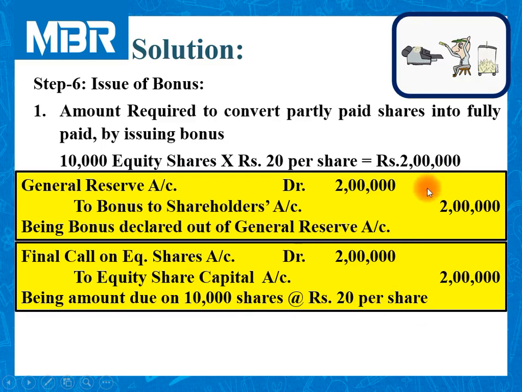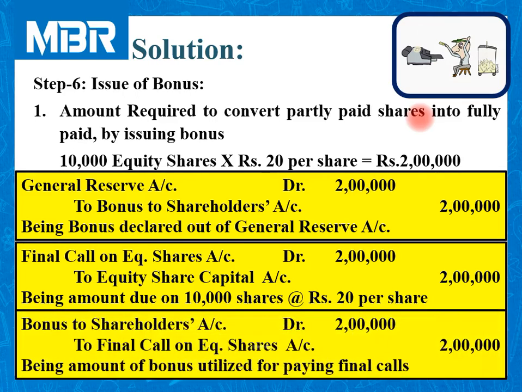But here, the process is all about conversion of partly paid shares into fully paid up without asking for the money. Means the company has offered bonus. So journal entry, bonus to shareholders account debited rupees 2 lakhs to final call on equity shares account 2 lakhs.